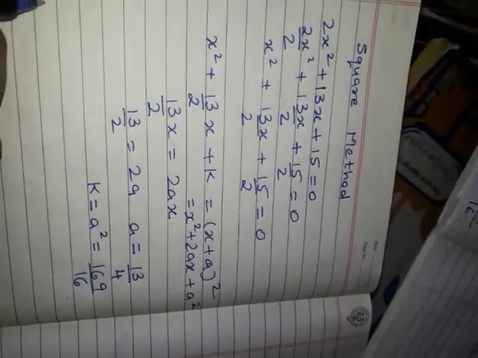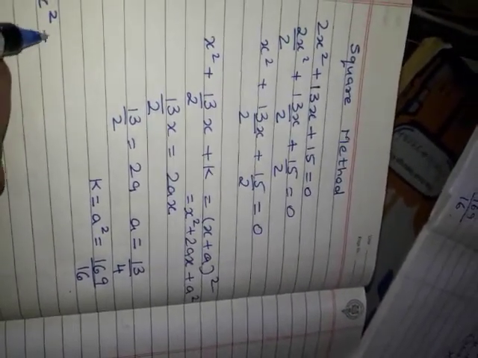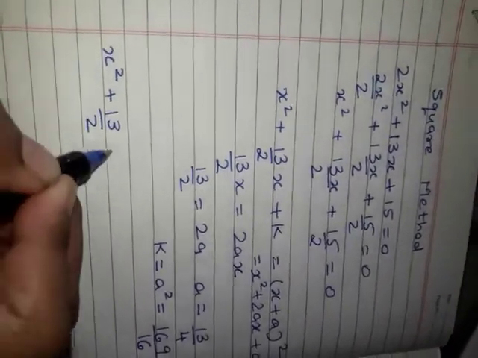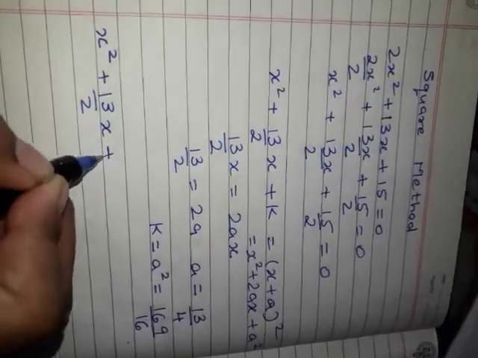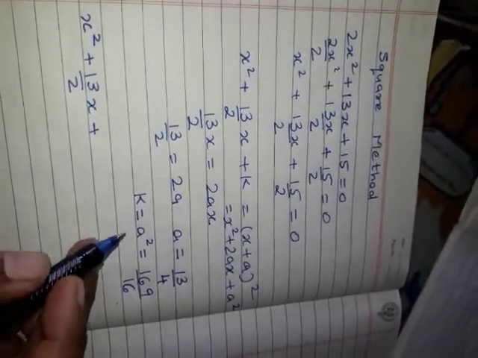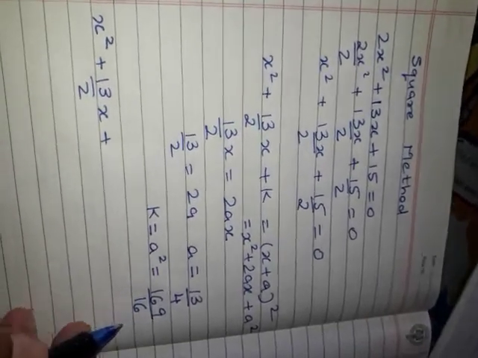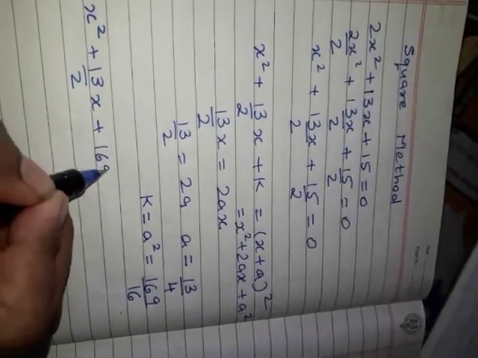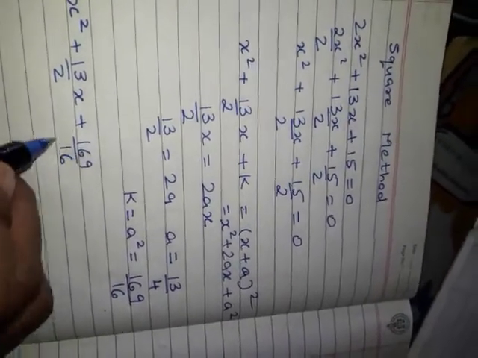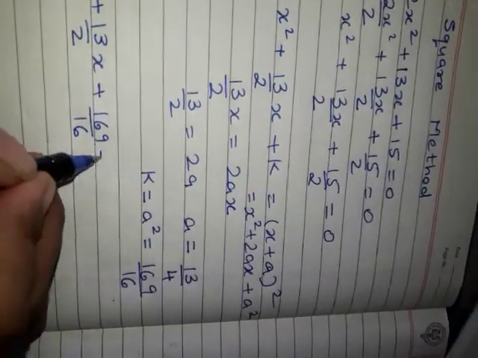Now we have x square plus 13 by 2 x plus our k. What is our k? Our k is 169 upon 16. So 169 upon 16. Now since we have added, what we will do? We will also subtract.